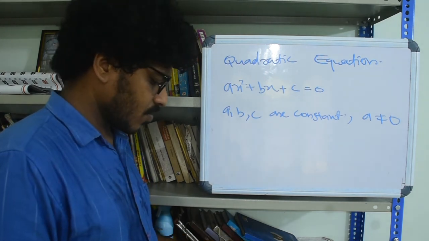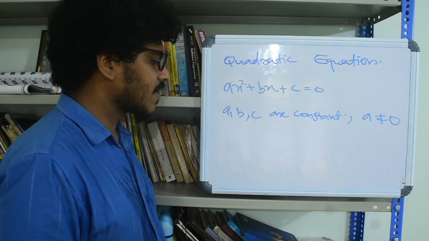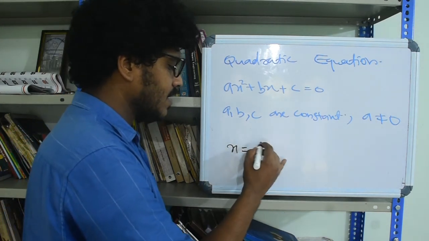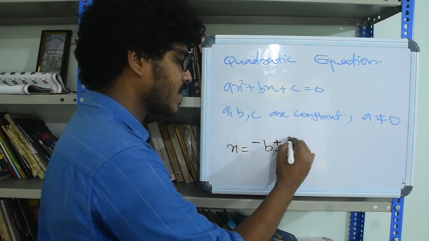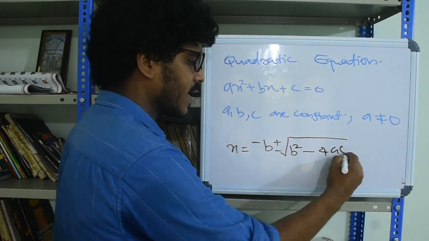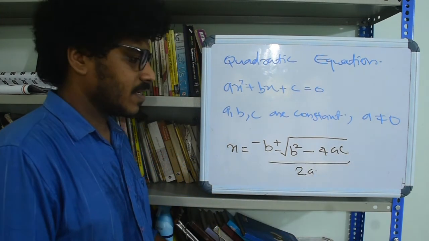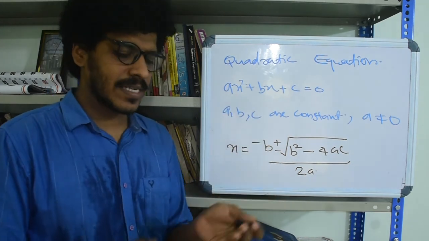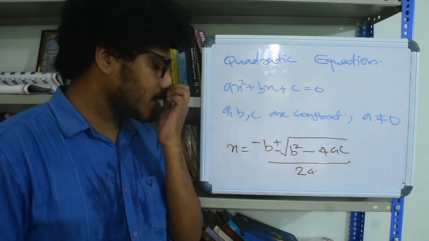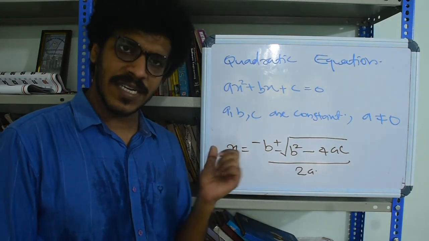Quadratic equations can be solved either by factorizing or directly using the quadratic formula, which is nothing but x is equal to minus b plus or minus root of b square minus 4ac by 2a. Right. a, b, c come from the equation. Substituting or plugging in the values for a, b and c, we'll get the solutions.